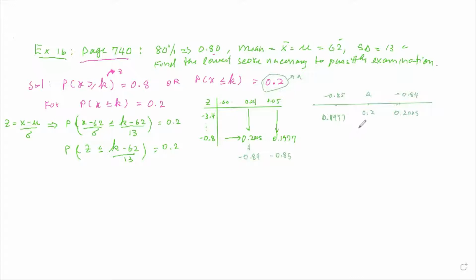Okay, so then you can use the ratio now, right? You get A minus this one over this one minus this one. The first one is A minus negative 0.85, over negative 0.84 minus negative 0.85.